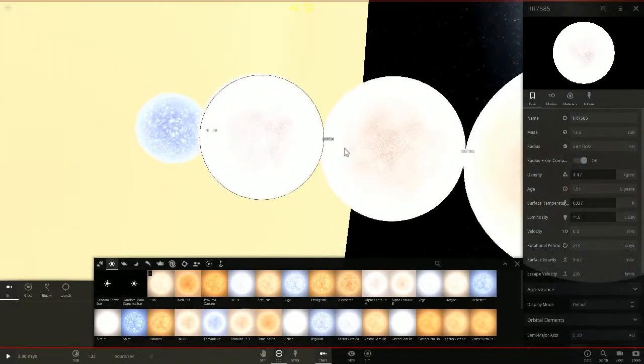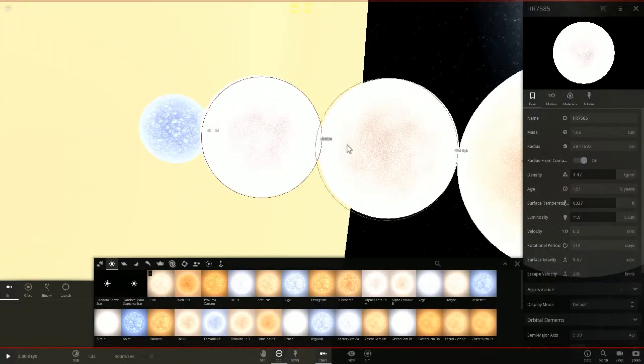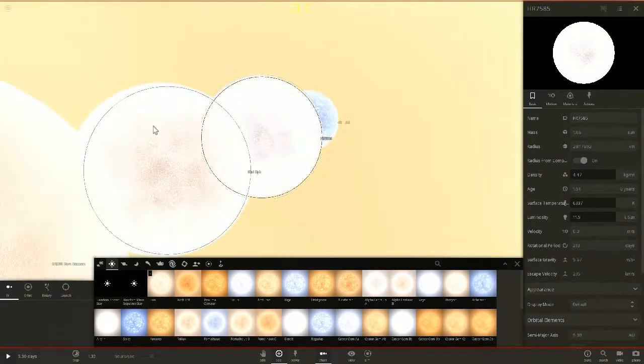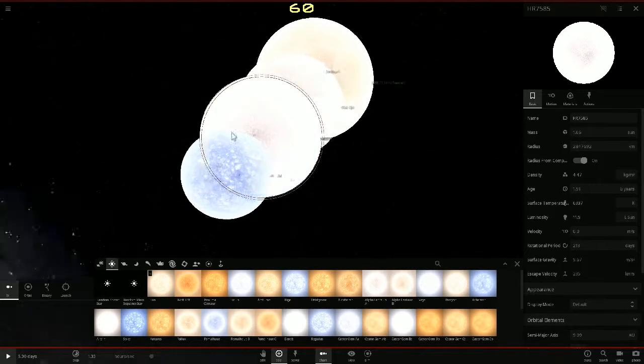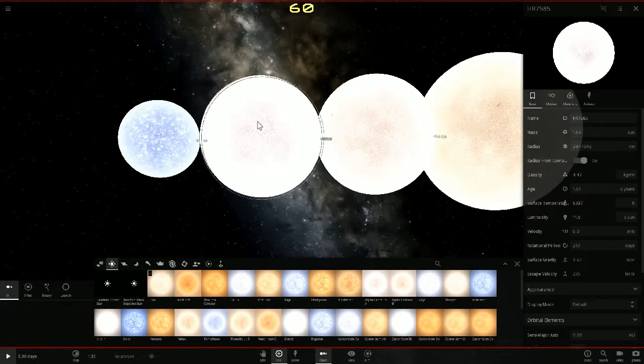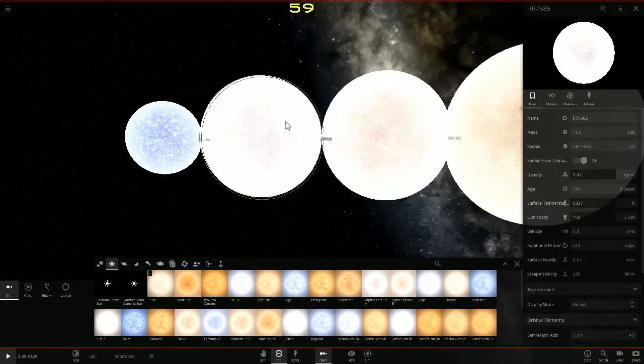But I think some of you might know HR 7585. HR 7585 is surrounded by 2 planets. One of them is a gas giant, while the other one is a terrestrial planet.